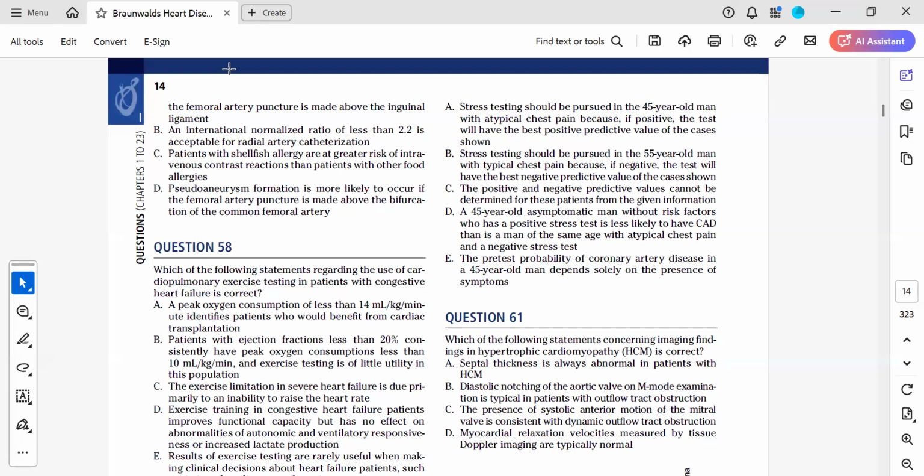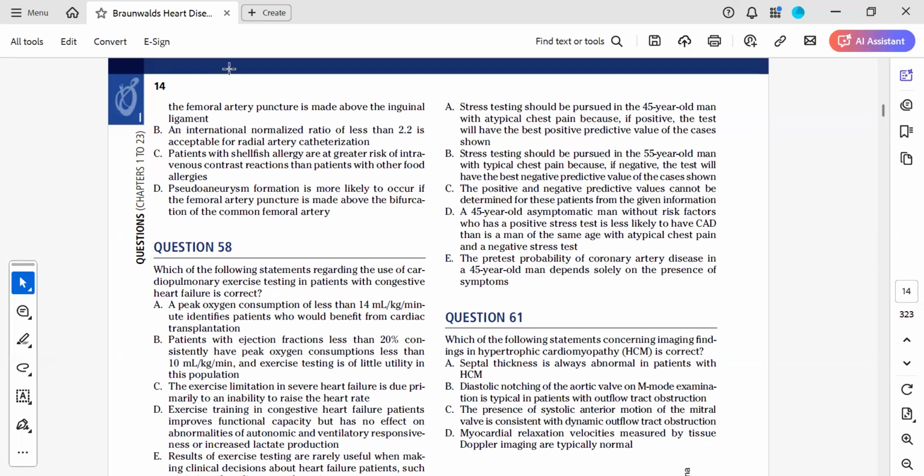This is false. We said the risk of retroperitoneal hematoma is increased when the puncture is made above the inguinal ligament, and the puncture should be below it, proximal to the site of bifurcation of the superficial femoral artery and the profunda branch.